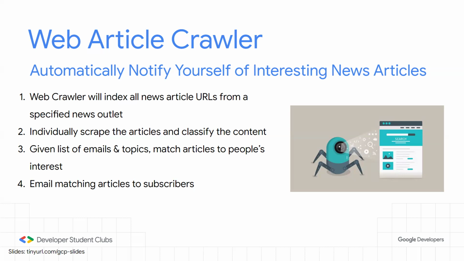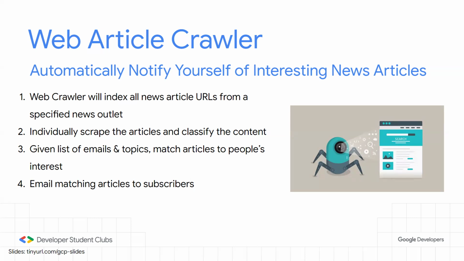You would store that information. The bot would then identify, hey, I found an article about the sports team that you're interested in, and we'll take that and email you that article. This way we have the entire thing from start to finish. We start off at Fox News, automatically scan through all the news articles there, identify which ones the different users in our platform are interested in, and email out those articles.